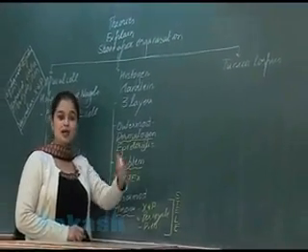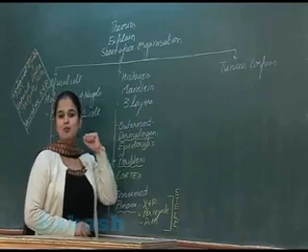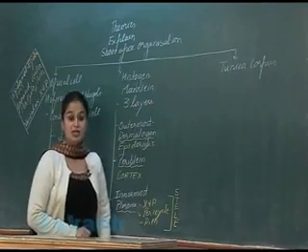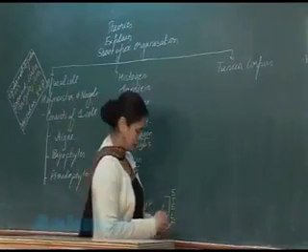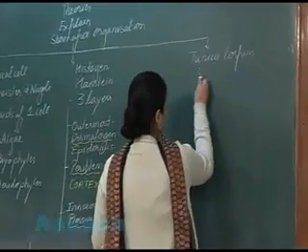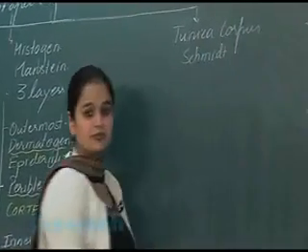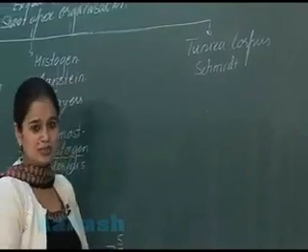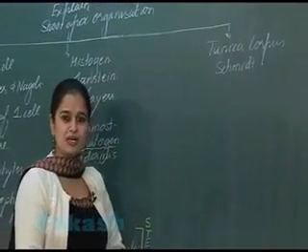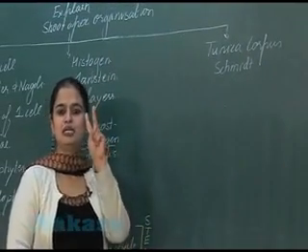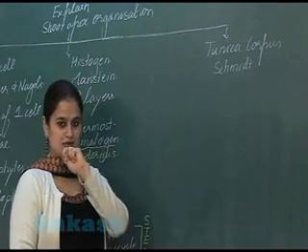Now after the histogen theory, we can look into the second theory, which was put forward again for the plants which have complex body organization. Tunica corpus theory, given by the scientist Schmidt. According to this theory, the shoot apex consists of only two regions.